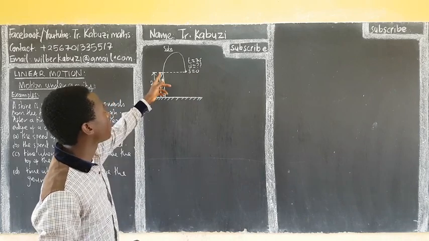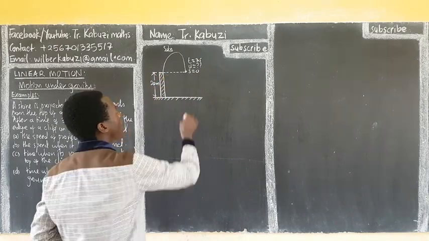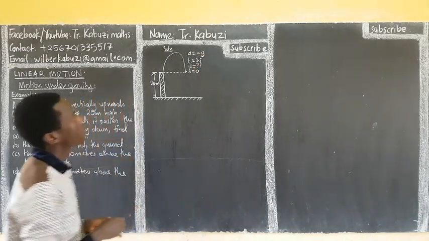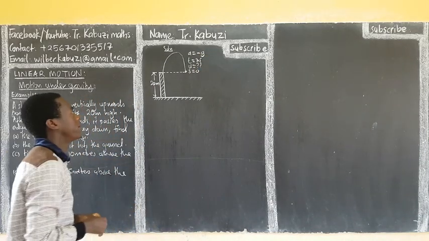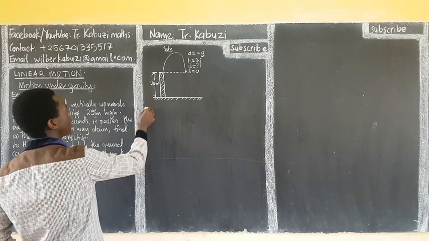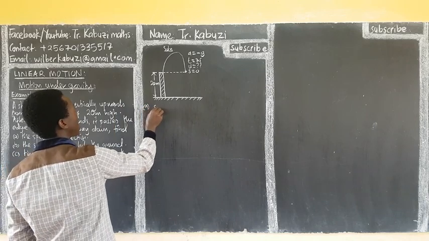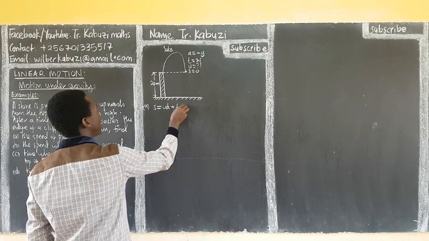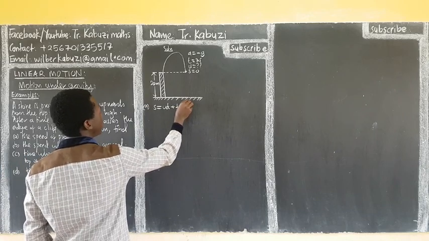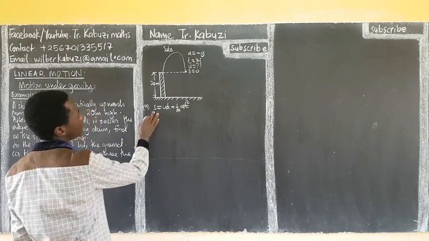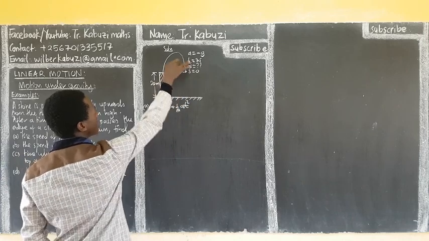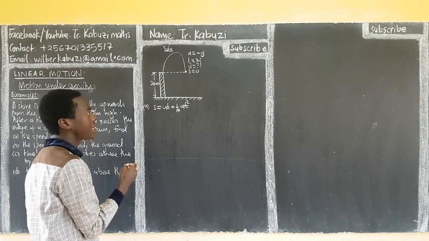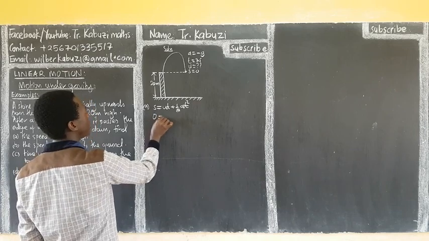Because it's going up, our a is going to be negative 9.8. In part A, we know that s equals ut plus half at squared. Now this s is 0, because the distance covered is 0 when it goes and comes back to the point where it started.